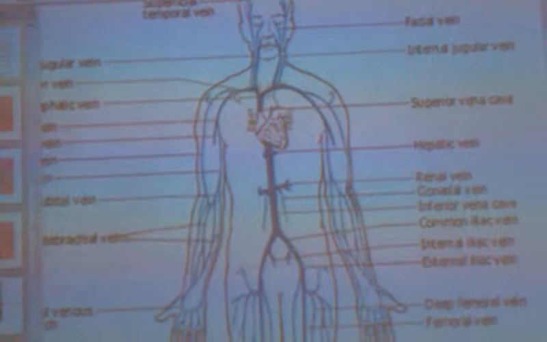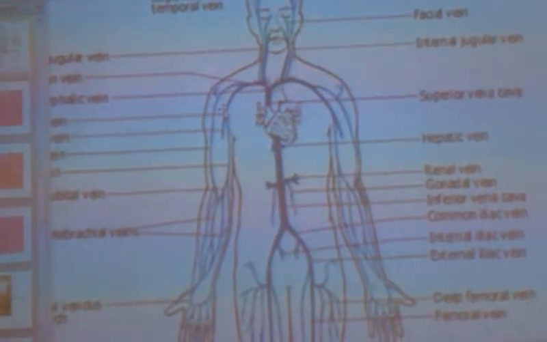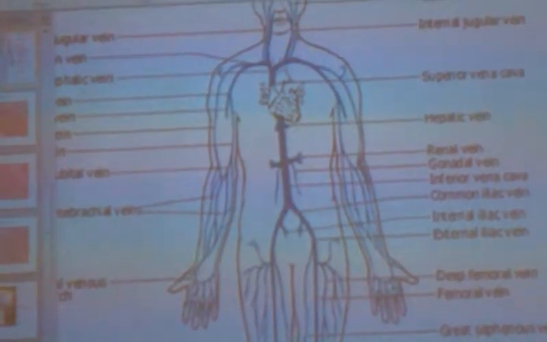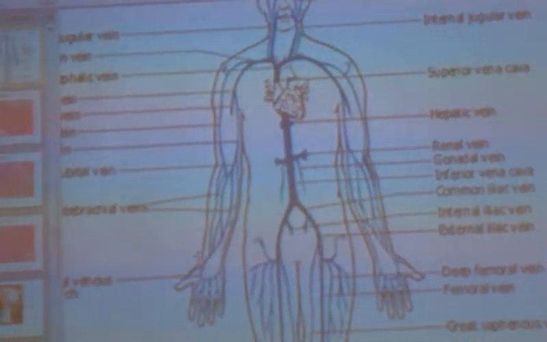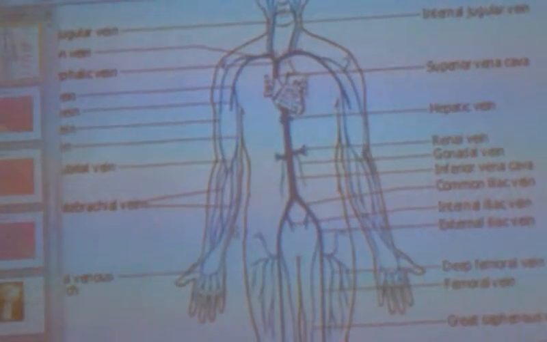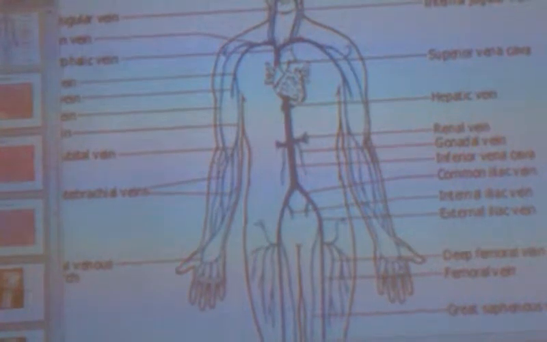Also, the right and left subclavian veins, the right and left axillary, and when we drain our arm, we have to go from the palmar arch, right radial vein, left ulnar vein, to the right median cubital vein.